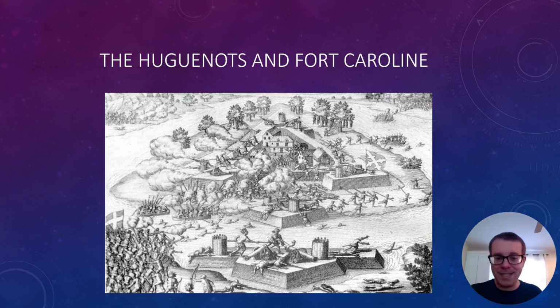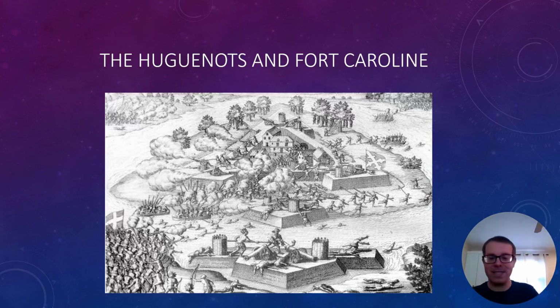And it's around this time that the Spanish get involved, because this French settlement is established in Florida, which is not too far away from the Spanish settlements of the Caribbean. And the Spanish are informed by Saturia that this French Huguenot settlement exists nearby. And of course, the Spanish are militantly Catholic.